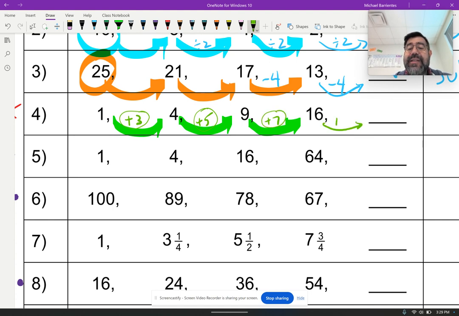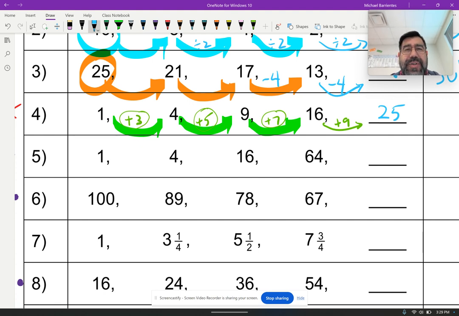And can you predict what the next number would be that I would add on? What kind of numbers are 3, 5, 7? What would be the next number? If you thought 9, you are correct. If you add 9 to 16, I believe you get 25.